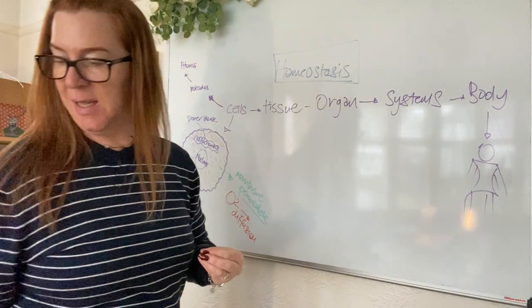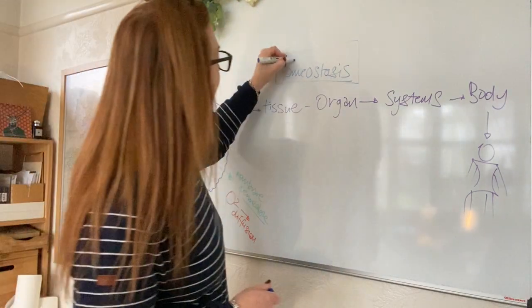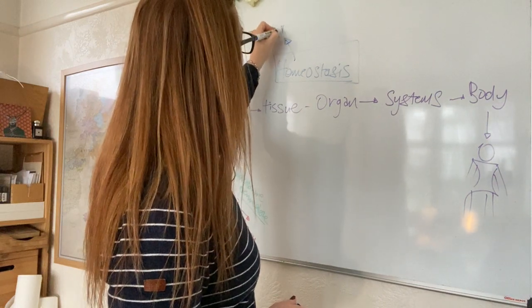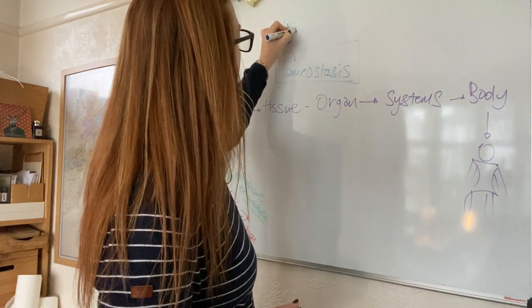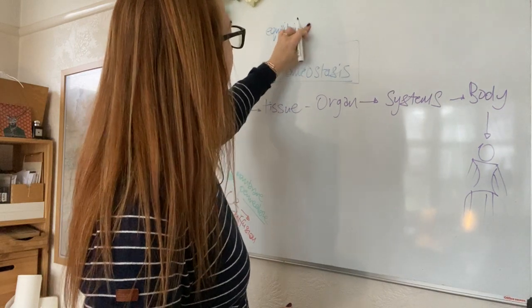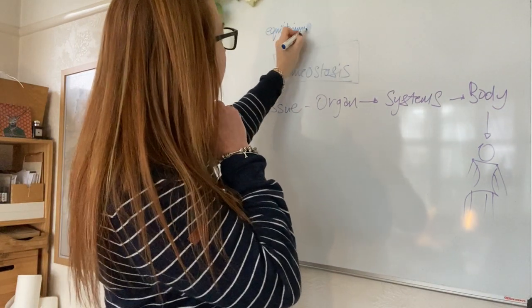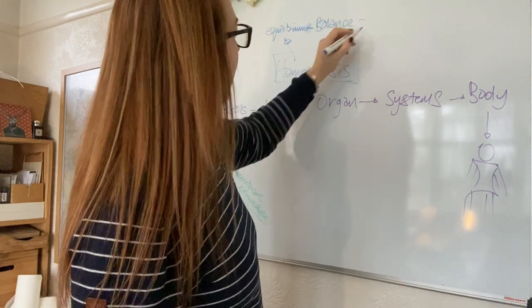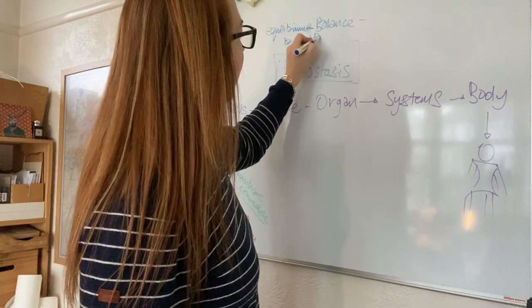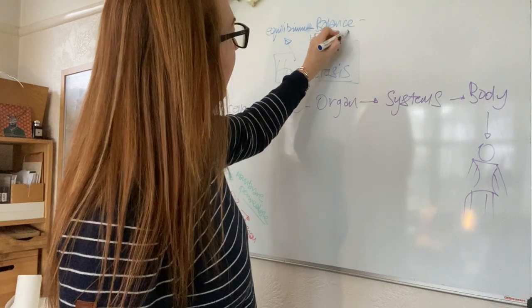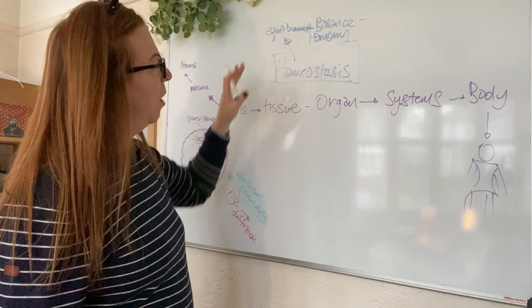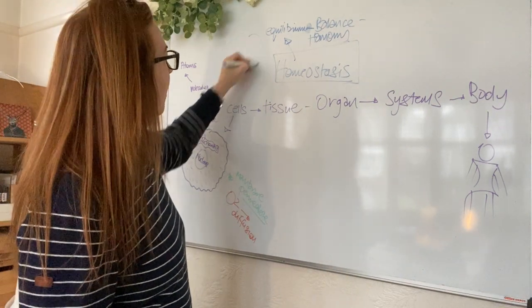So homeostasis, this word here, if you remember, is equilibrium, balance. Excuse my English spelling if it's not right. When you have balance, you have harmony. And the body at balance and equilibrium and harmony, this is even like the yin and yang.